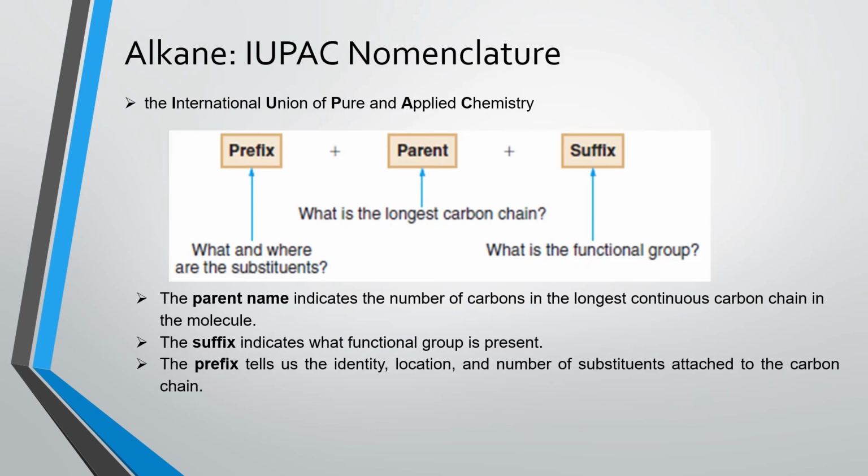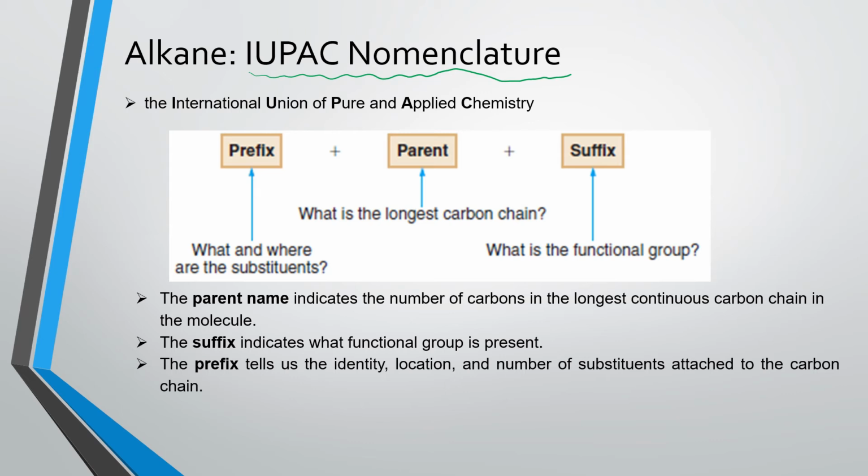Now, since nakilala natin yung mga alkane from the simplest to the alkane containing 10 carbon atoms, now it's time for us to know how to name them, and we will just introduce you the IUPAC nomenclature rule.